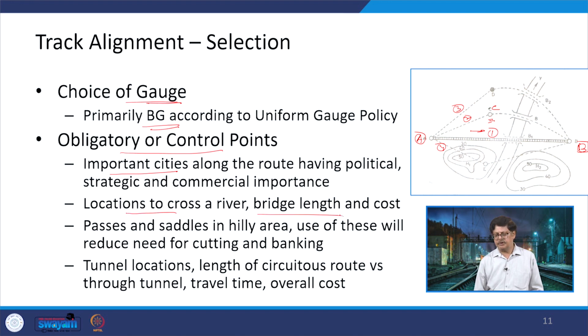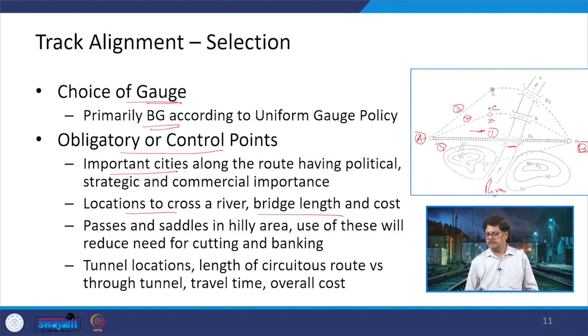Locations to cross rivers: bridges, lands and cost. This is also another thing, but you cannot remove a river. Here there is a river, and point A and point B are on opposite sides of this river and need to be connected. That means there is a requirement of providing a bridge.